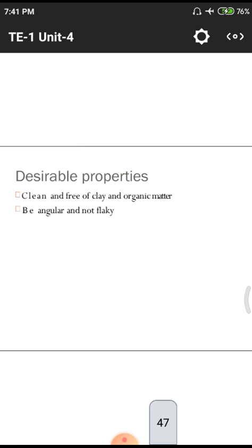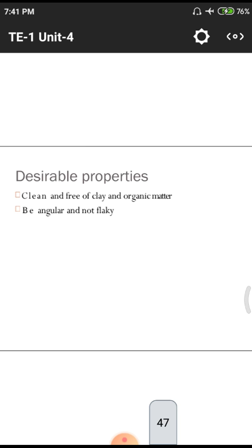Likewise, when we go to transportation engineering, we have to use aggregates, and the aggregate must be free from these undesirable properties. What are the undesirable properties? First of all, the aggregate must be free from clay. Why?